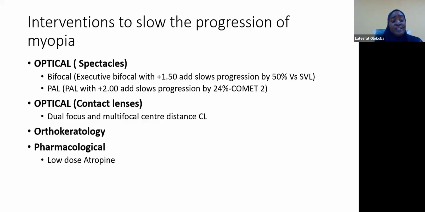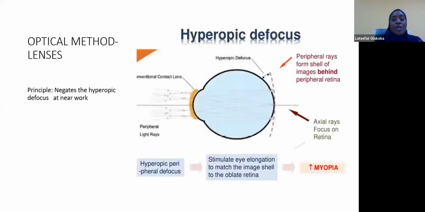There are the optical interventions that involve the use of spectacles and contact lenses, and then there's orthokeratology, and then there are the pharmacological interventions that have been developed, all in an attempt to slow down the progression of myopia in children. So the optical methods are based on the principle or the hypothesis of hyperopic defocus.